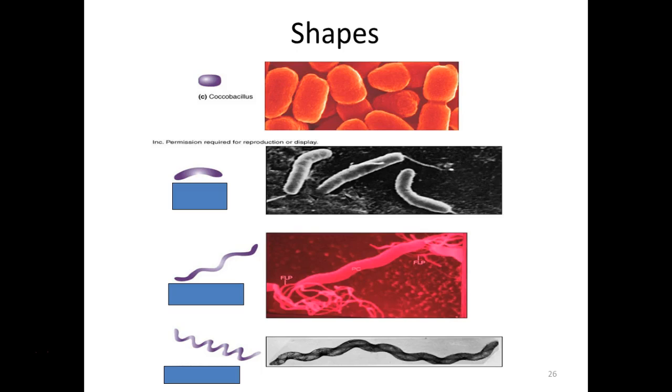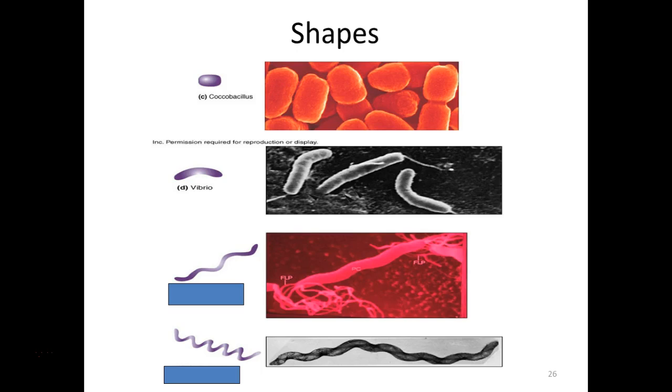This next one, again, notice it's an overall rod shape, but it's not straight. It has a little bit of a curve to it, almost like a comma. This is vibrio, or vibrios. This is what we're used to, just add an S, right, if we're talking about more than one. This one's also a genus, right?